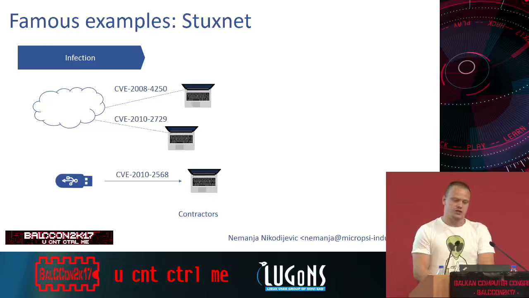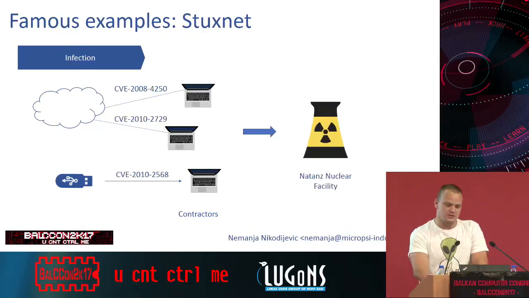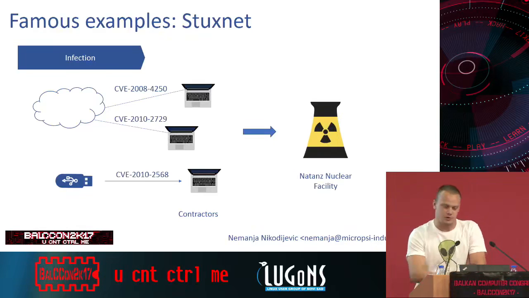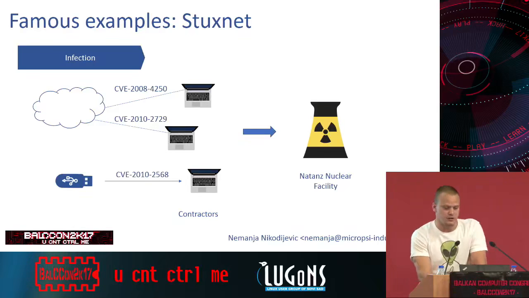The way in was through a bunch of companies that worked in the Natanz nuclear facility. Their computers were infected by exploiting multiple vulnerabilities, some of them zero-days back in 2010.